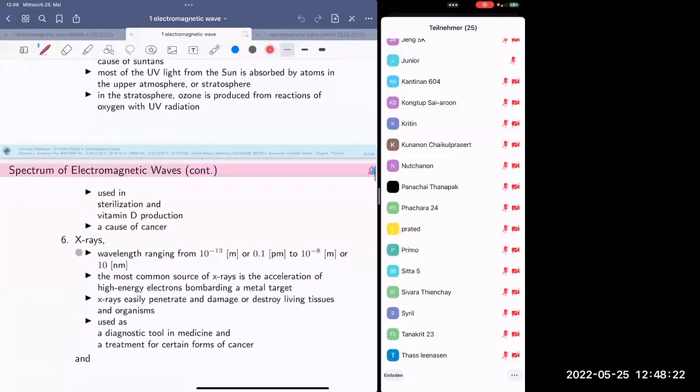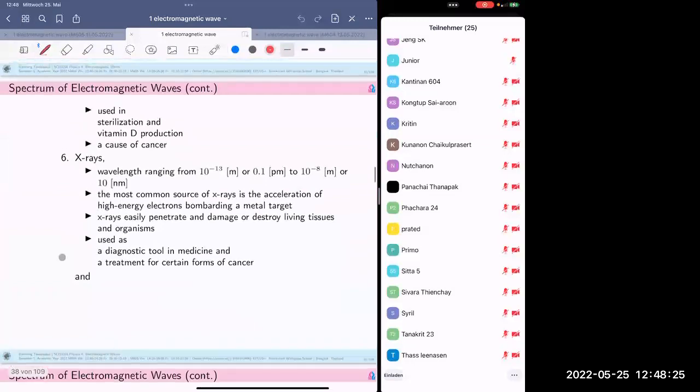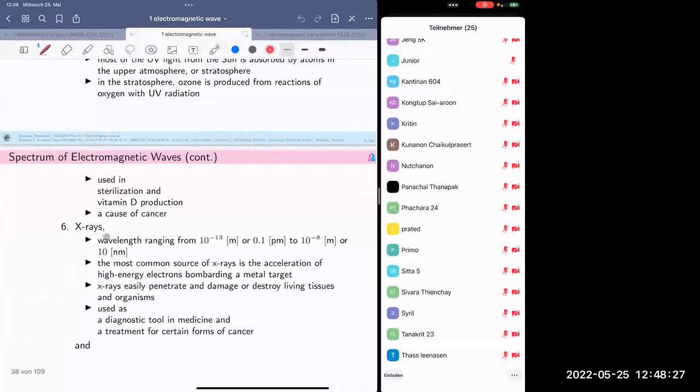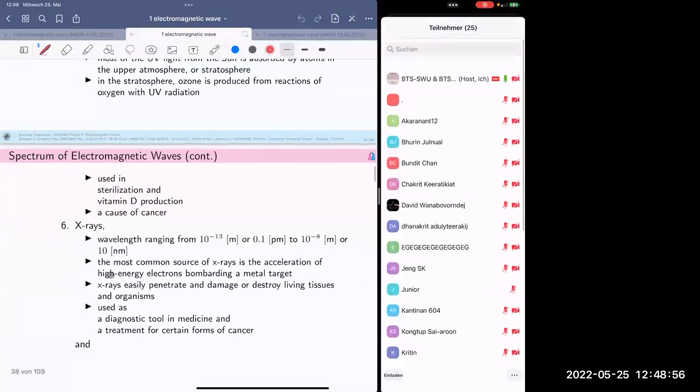And now we arrive at almost the last type of the frequency band of electromagnetic waves. For those of you who need to be on leave because you have special duty, so that you can apply for the doctor education program at some university, just send me the letter of leave or a photo of it.